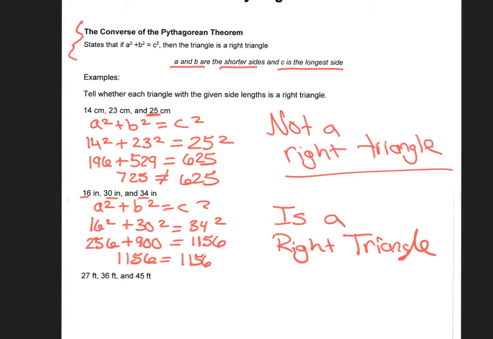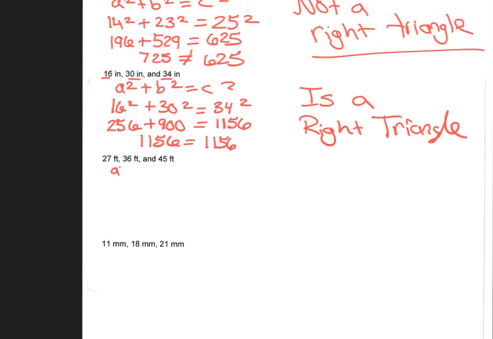Okay, the next one, again, we're lucky they're in order. A squared plus b squared equals c squared. Fill them in. 27 squared plus 36 squared equals 45 squared.